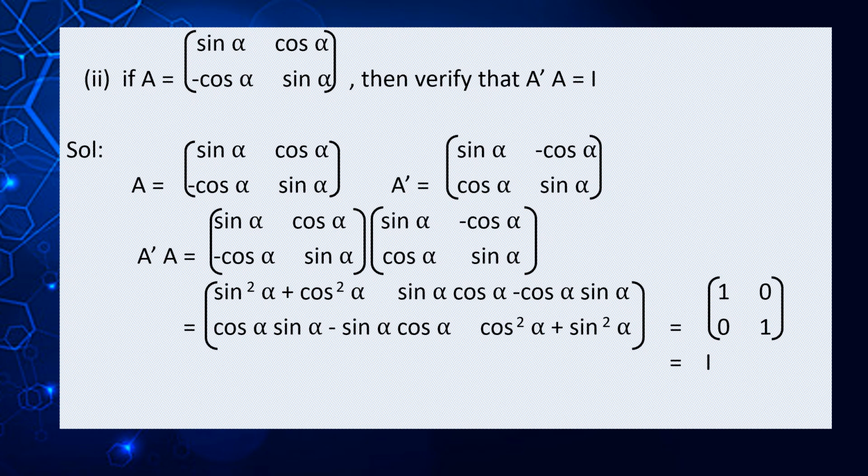Let's first write down the given matrix A, that is sin alpha, cos alpha, minus cos alpha, sin alpha, and write down its transpose, that will be sin alpha, minus cos alpha, sin alpha.